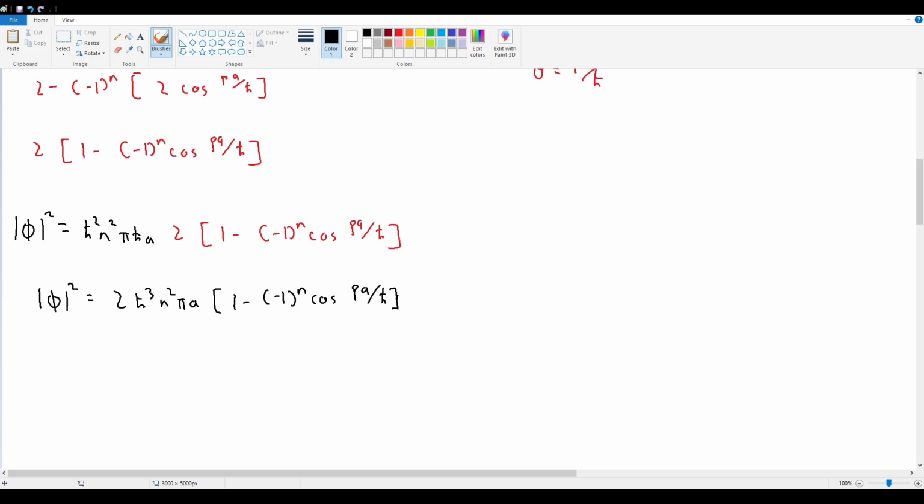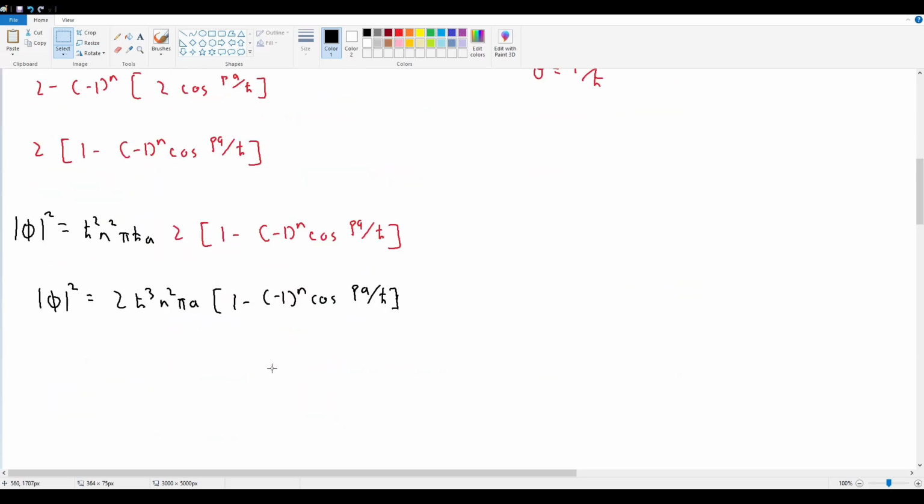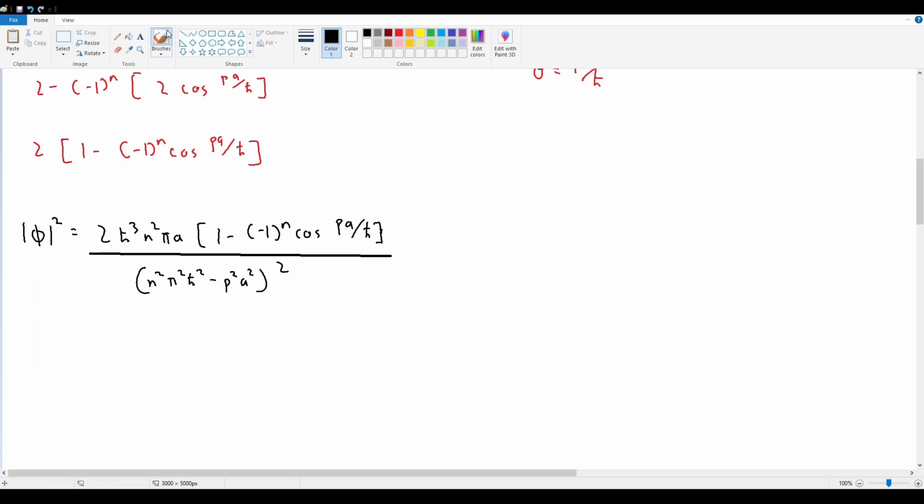Let me just double check to make sure that I'm not missing anything. Oh, I almost forgot the bottom. That would have been very bad. Let's do that. And let's just cover this. There we go.